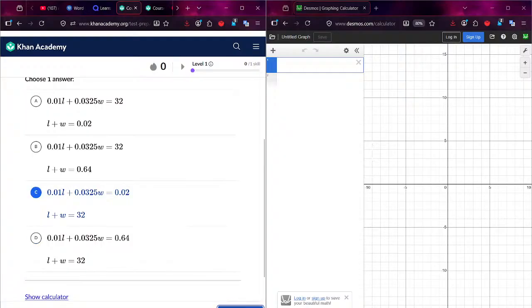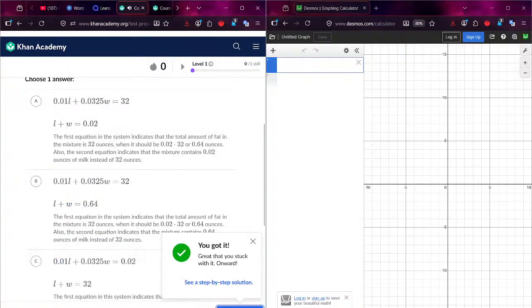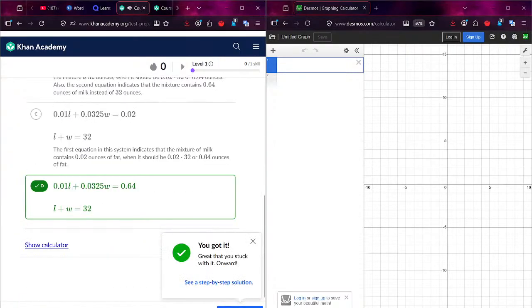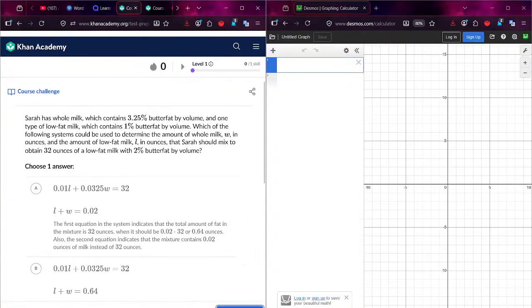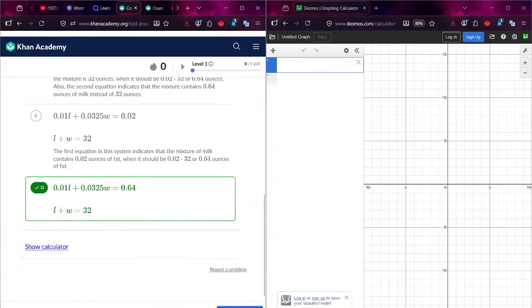Because it's going to be 0.64. Yeah, because the first equation indicates that it's 0.02 ounce of fat, which should be times 32, because it's 32 ounces. Okay.